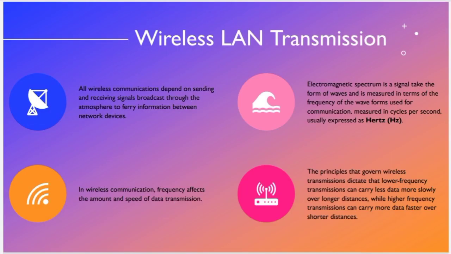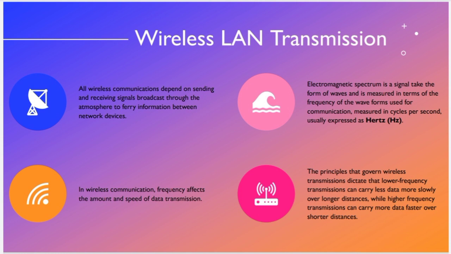All wireless communications depend on sending and receiving signals broadcast through the atmosphere to ferry information between network devices. Electromagnetic signals take the form of waves and are measured in terms of the frequency of the waveforms used for communication, measured in cycles per second, usually expressed as Hertz or Hz. In wireless communication, frequency affects the amount and speed of data transmission.